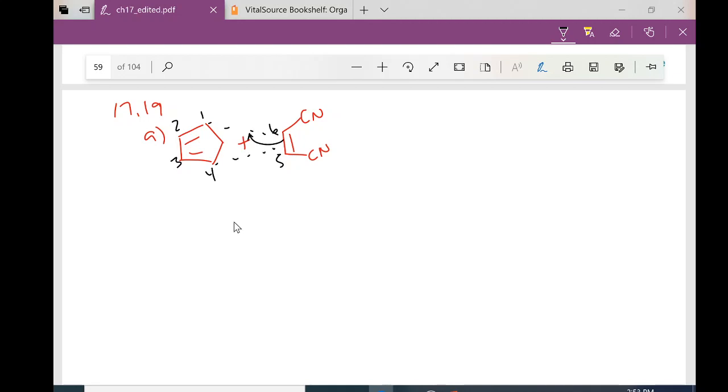So this pi bond becomes a sigma bond. This pi bond moves to the back. This pi bond becomes a sigma bond. So we can draw that just like the previous products. Okay, we have a pi bond in the back, carbons 1, 2, 3, 4, 5, and 6. And we have our cyano groups that are going to be cis to each other on the ring.